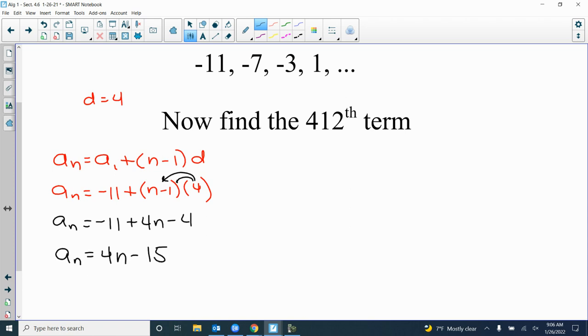If I plug in 1, plug in 2, good. All right, plug in 412. What's 4 times 412 minus 15? 1633?